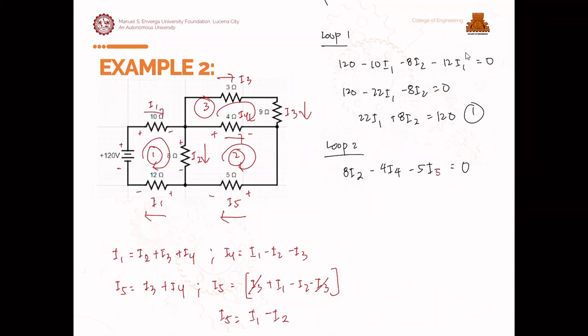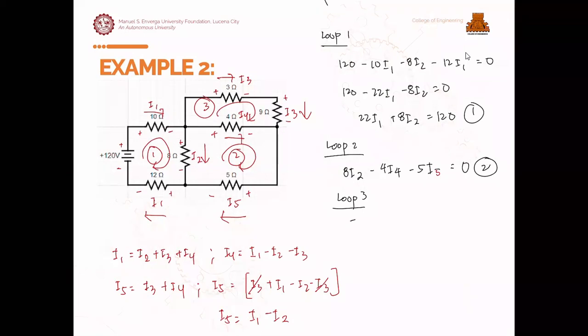Okay. So, this will be our equation 2. Loop 3 muna tayo. Sa loop 3, so positive, negative, positive, negative. So, loop 3 natin will be towards negative.